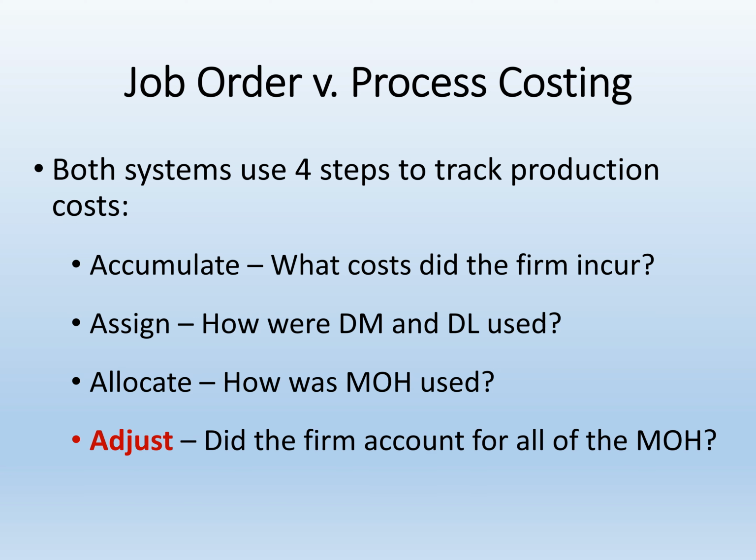Finally, at the end of the period, we need to check to make sure that our allocation method has properly assigned all of the overhead costs that the firm actually incurred.